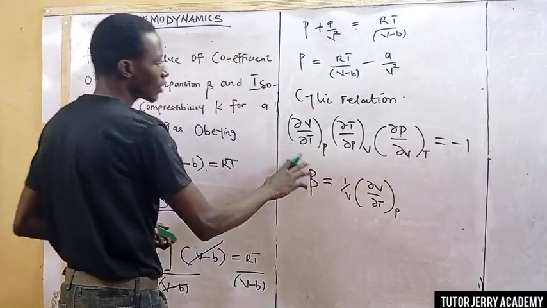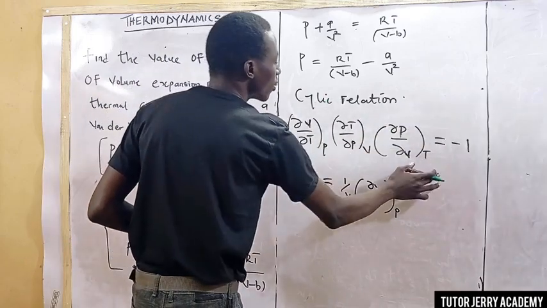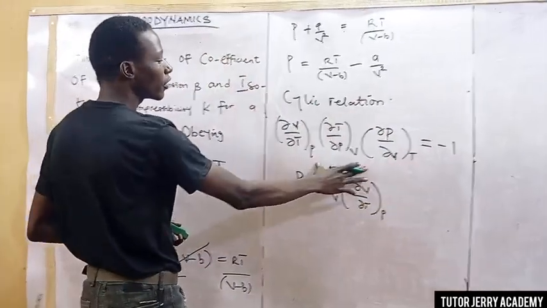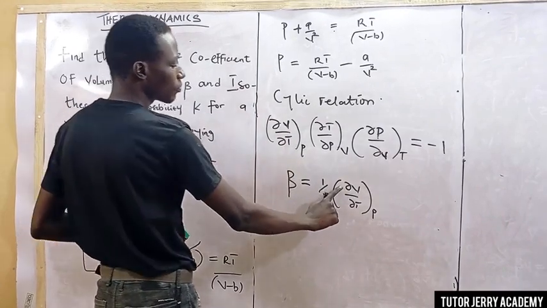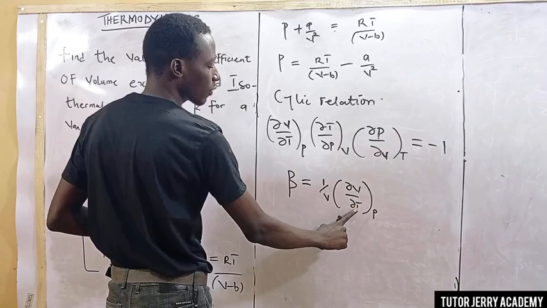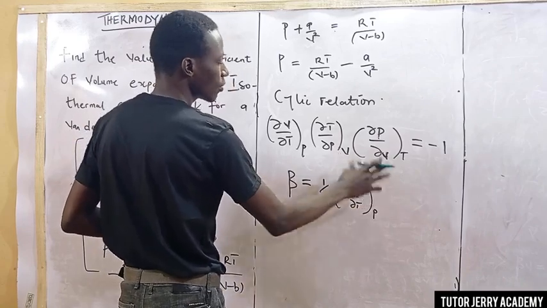Having known this cyclic relation from our previous videos, which has been proven, we make the partial derivative of V over T, keeping P constant, the subject of the formula.